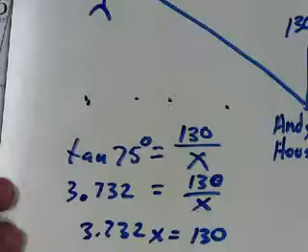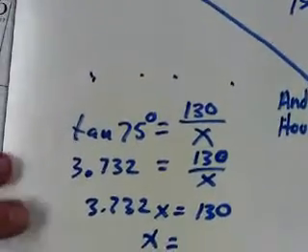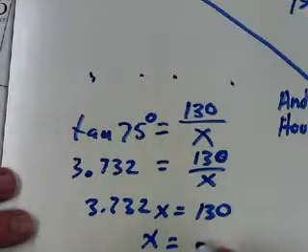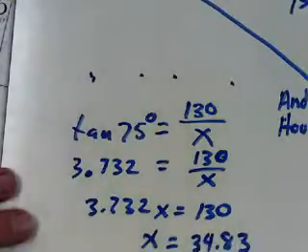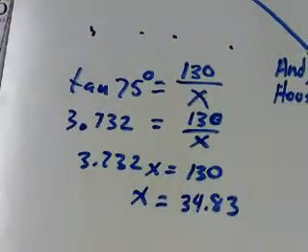So x would be right around 40. What is it? 34.83. John? 34 feet.